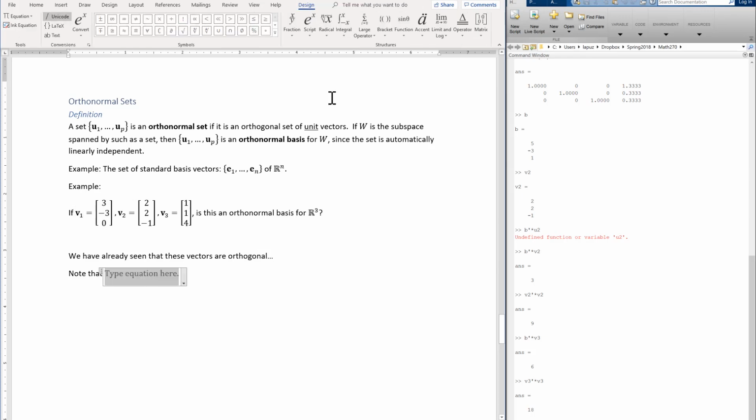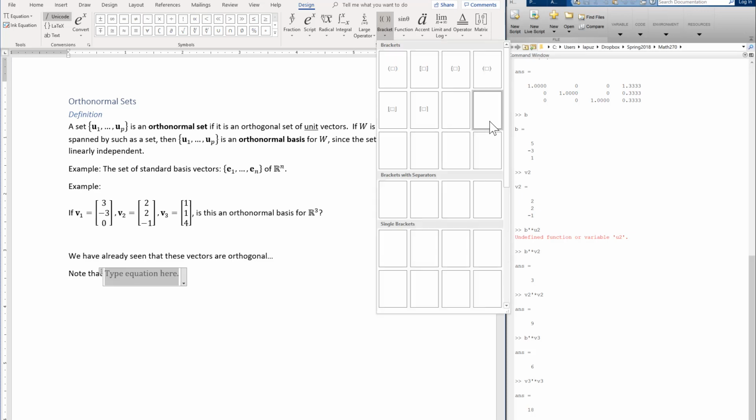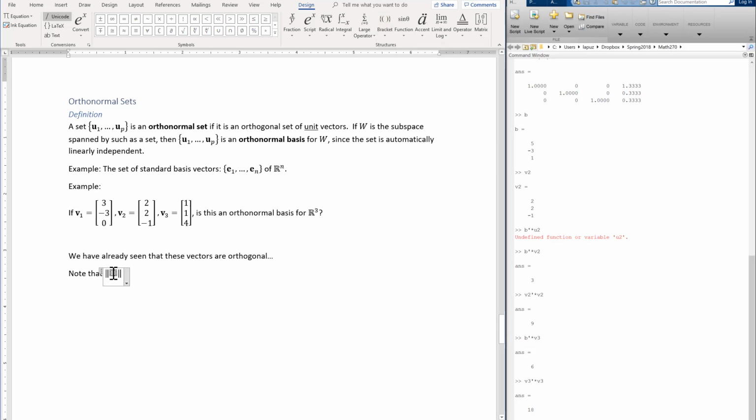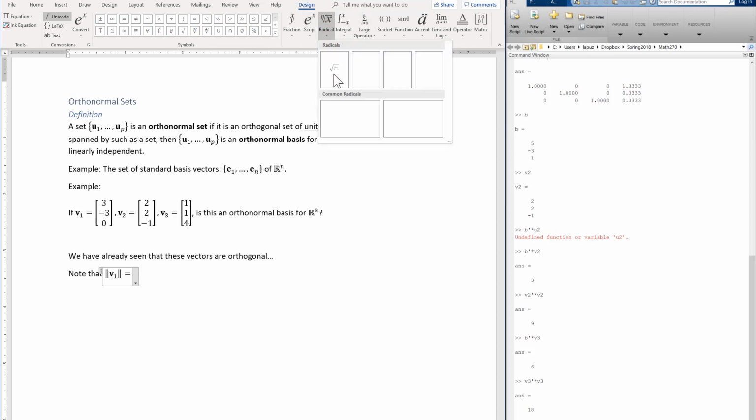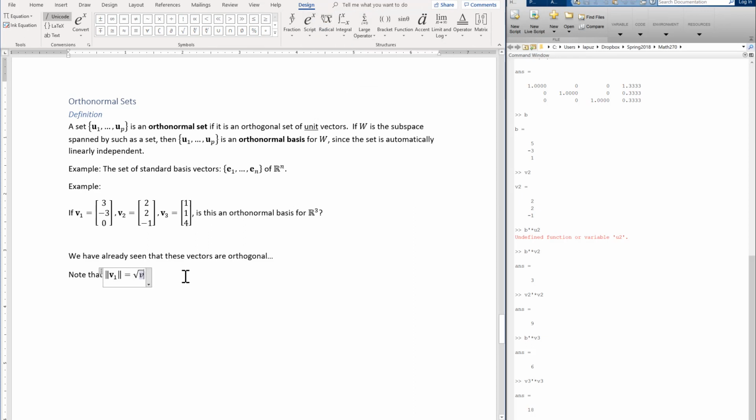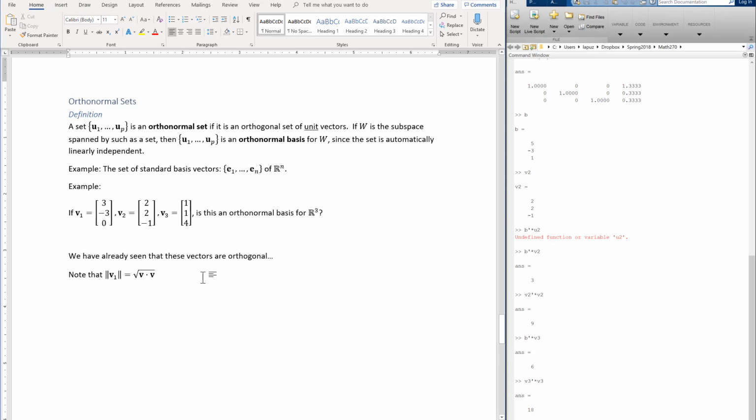So we have to write it as a length of V1. And remember that this is the square root of the dot product with itself. So this is equal to the square root of V dot V. So we take the dot product of this with itself.